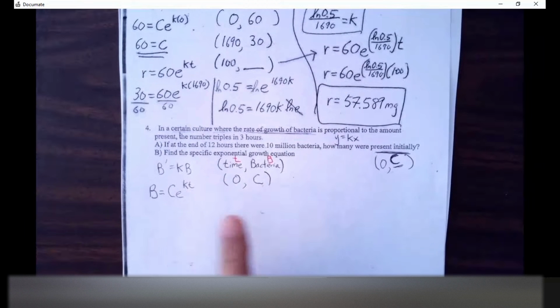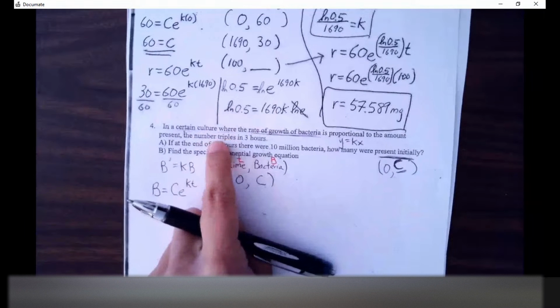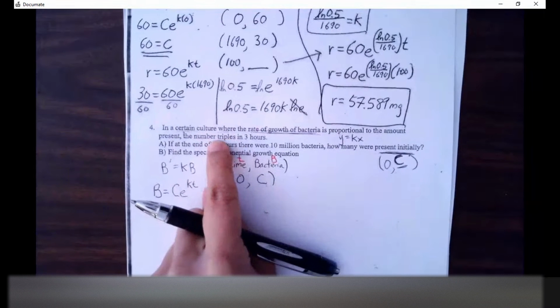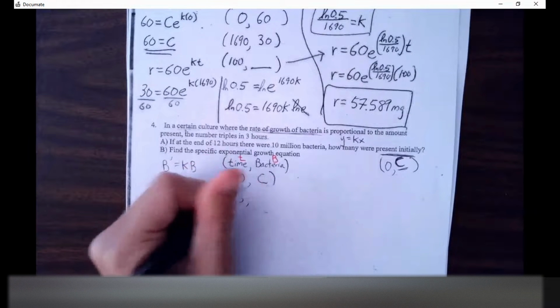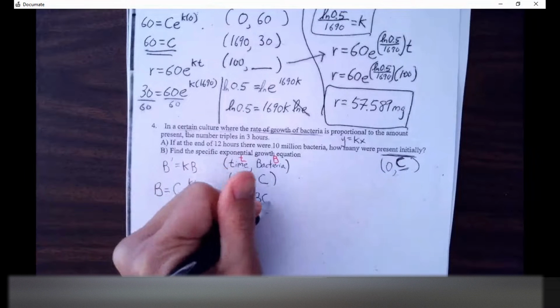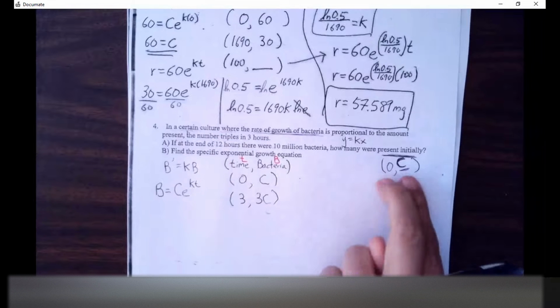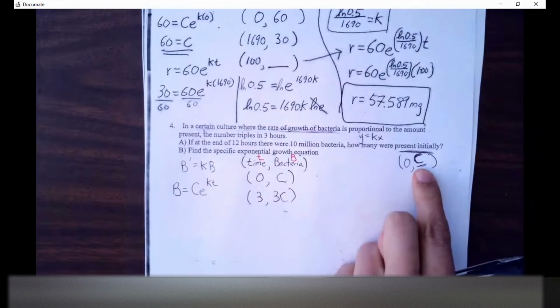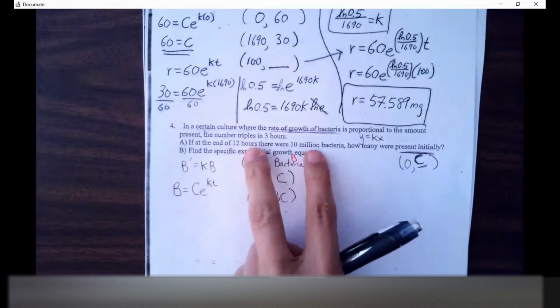Right? So we can build off of this, though, because we know that in 3 hours, this initial number is going to triple. So we know that 3 hours later, my bacteria is going to grow to 3 times the amount, so 3 times C. Okay, we're able to build that relationship based off of what I created generally. And one last thing is we can create a third ordered pair.